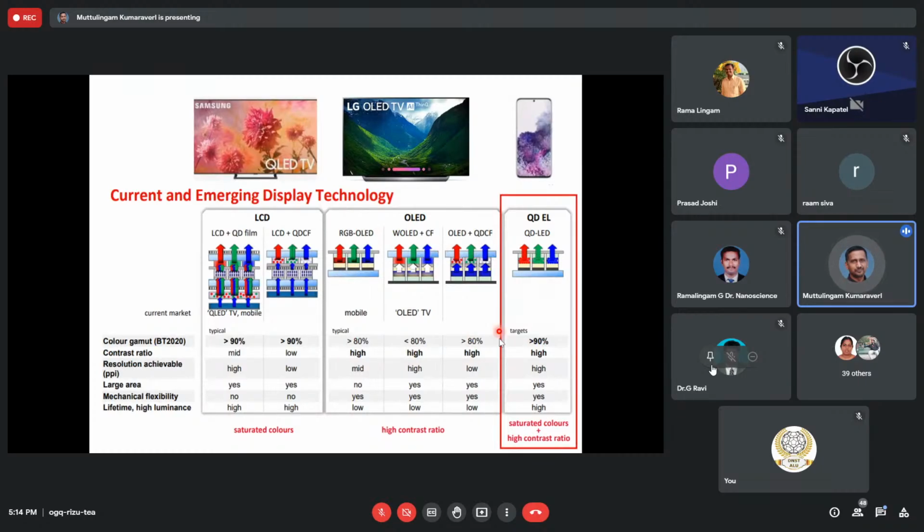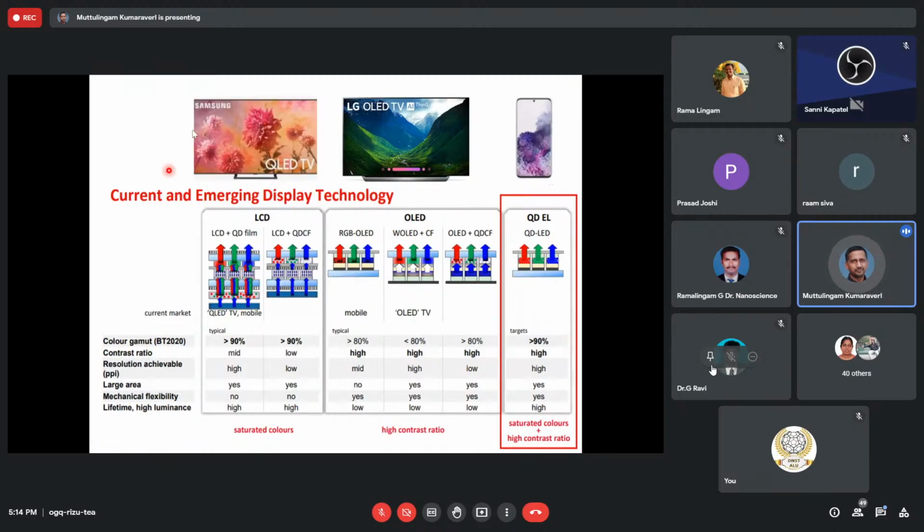If we use the color filter, it is possible, because we are going to use solution processing, printing, or spin coating. Even the thickness of the film we can easily make. The lifetime for LCD devices is high, but for OLED it is still low, but we are still expecting we can make high lifetime and high luminescence from the QD-EL.